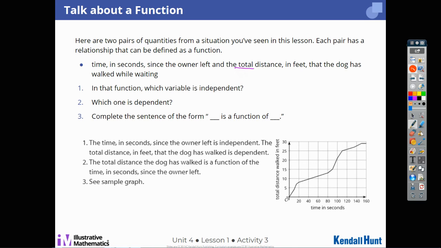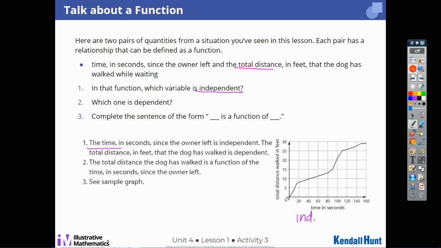And so as long as he's walking back and forth, he's still adding distance to his total. So if we're looking at that function, the independent variable would still be time. Time is almost always your independent variable. Okay? And then your dependent variable is going to be the total distance that the dog has walked.